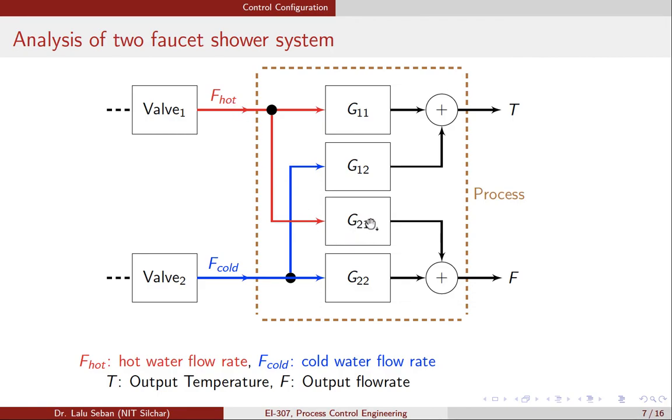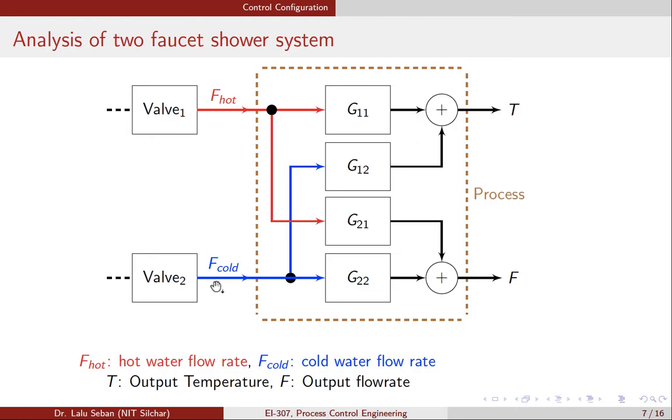Similarly, cold water also affects both temperature and flow rate. In other words, the temperature is affected by both hot water and cold water flow rate. The output flow is also affected by both hot water and cold water flow rate.